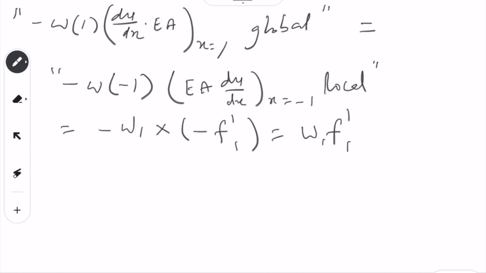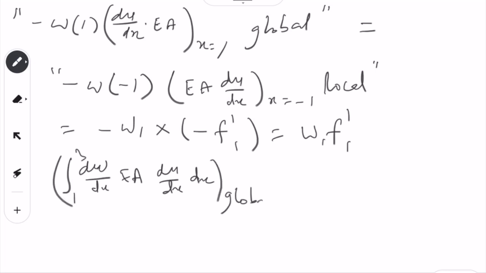Next we have to find out this one. Which one? This. So dw over dx EA du over dx. This is 1, 2, 3. Which one? Global.